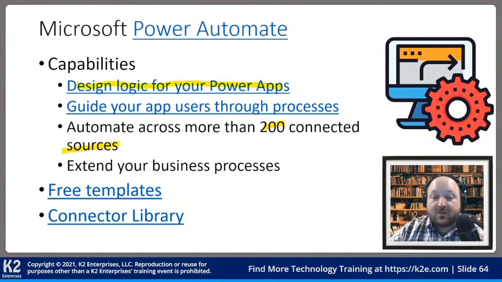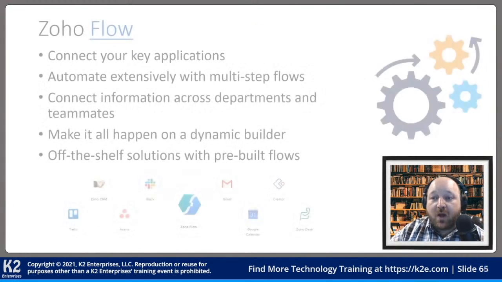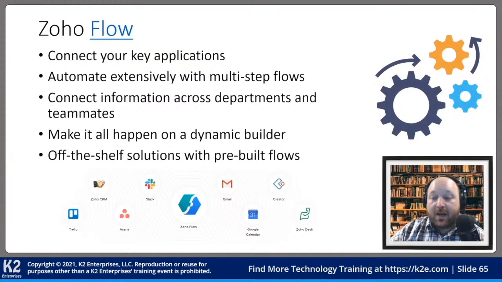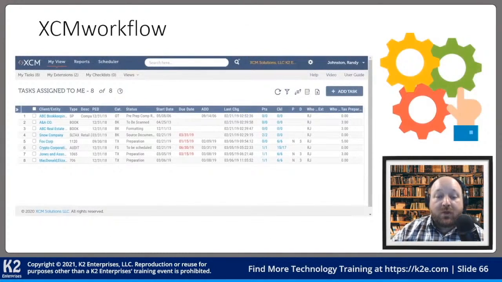So if you're using a lot of Microsoft stuff, you'll really benefit from this tool. You also have Zoho Flow and Zapier, as well as a CPA-centric solution, XCM Workflow, that can be really good for planning workflow and sharing data through other applications.